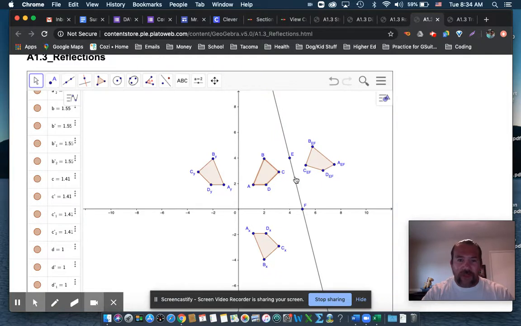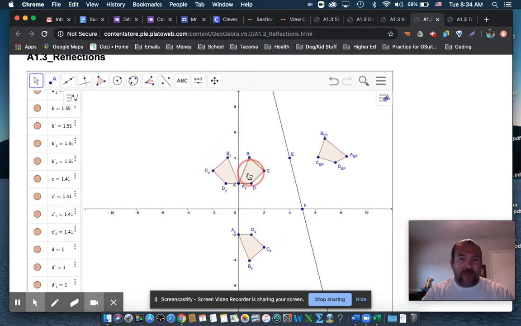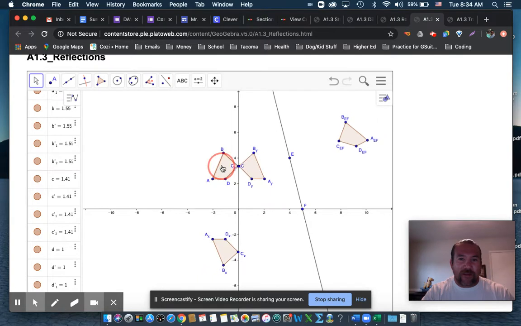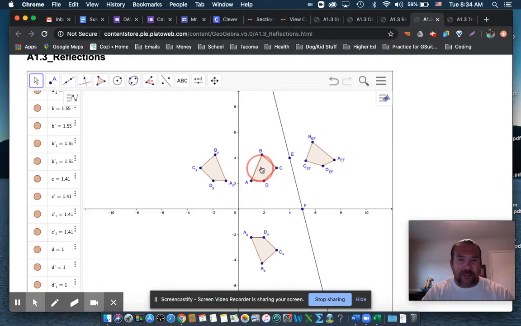What they've done for us is draw in a line of reflection to show us that this figure is reflecting over this line. For the other two, they're not giving us lines of reflection. They're assuming that we can figure it out. As I move this around, can you tell what we're reflecting over? Notice at this point they kind of lock and then they switch.